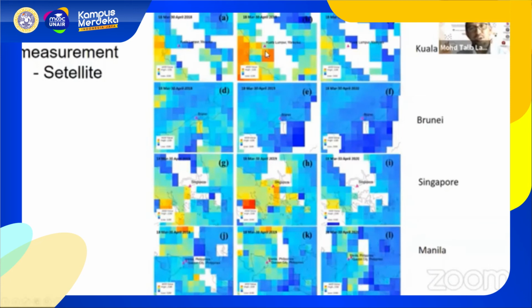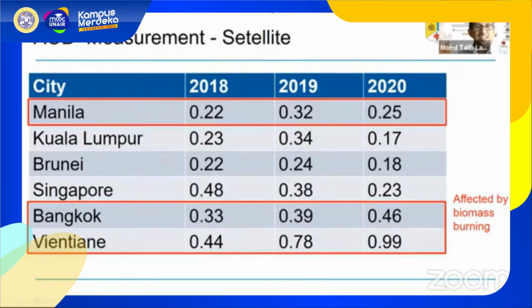This one we look at overall. At that time, the challenge for us was to look at overall Southeast Asia. And you can see AOD. AOD is aerosol optical depth, which we can determine and correlate with particle concentrations. You can see Manila quite low compared to 2019, but quite high compared to 2018.